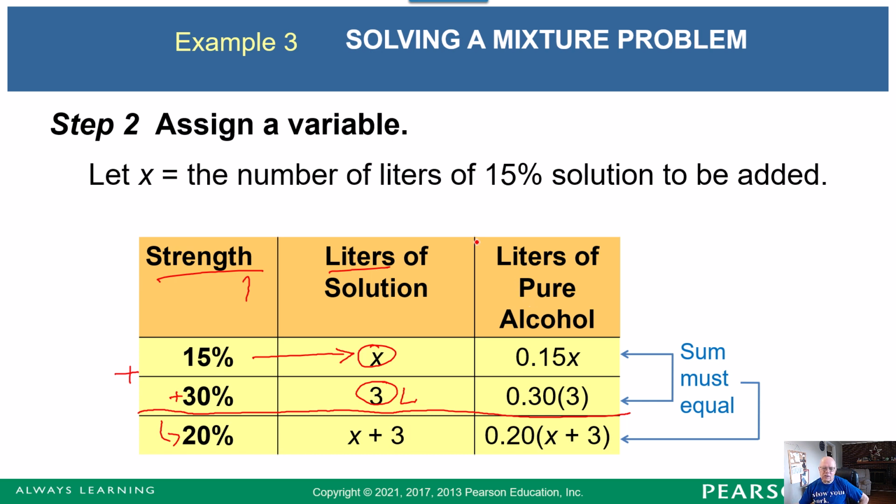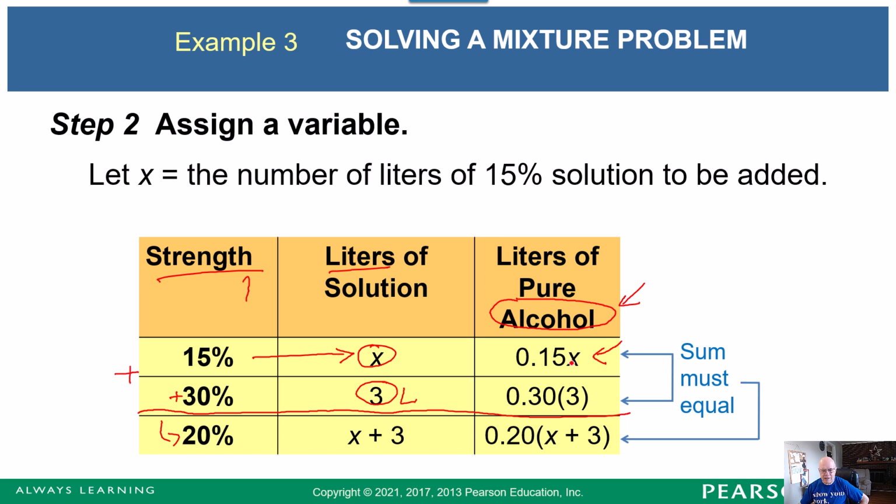Now, this goes to something that is going to help you with these mixture problems. 15% of what? So I focus on, in this case, the pure alcohol. How much alcohol really is in that first container? Well, it's 15% of the X liters.